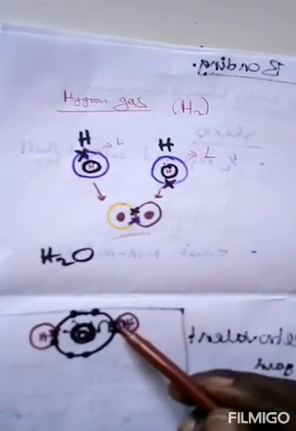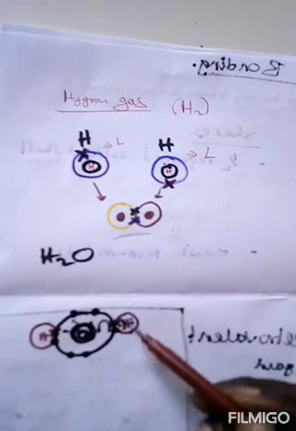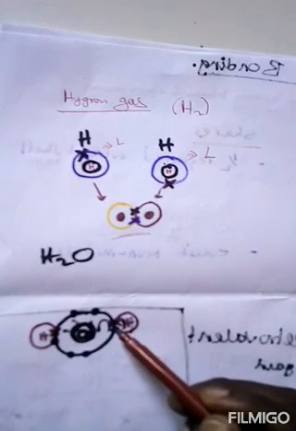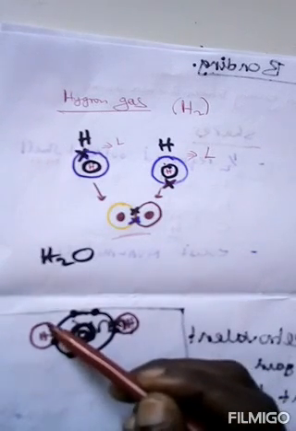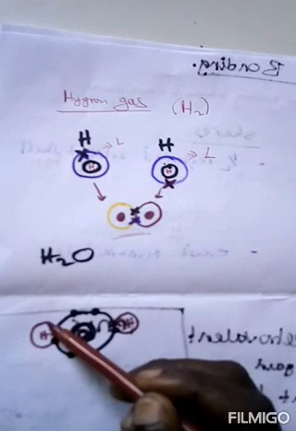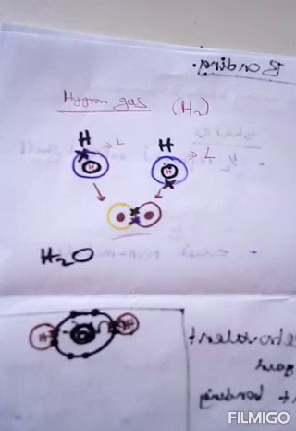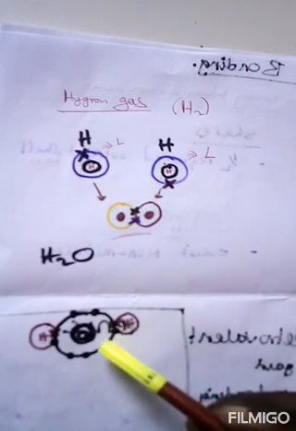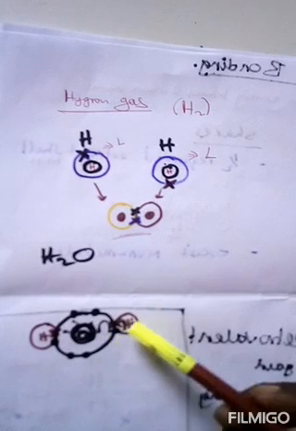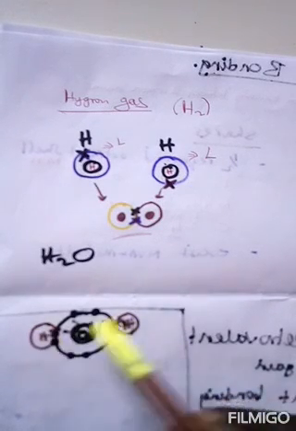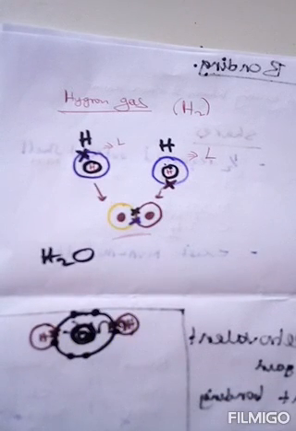Here we have one electron from this hydrogen plus one donated by oxygen. Even here you have one electron from this hydrogen, and the other one donated by this oxygen. The point to note is that the shared electrons belong to both atoms, because even this electron from oxygen is counted as part of hydrogen. So both elements are stable. Such kind of bonding, we call a covalent type of bonding.